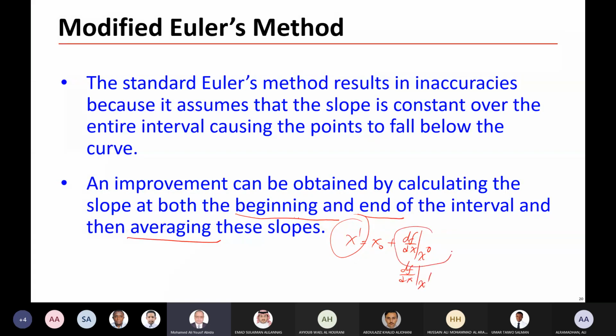So this is at x0 and this is at x1, and then we can get the average, 1/2 of df by dt at x0 plus df by dt at x1. So we can get the average here.